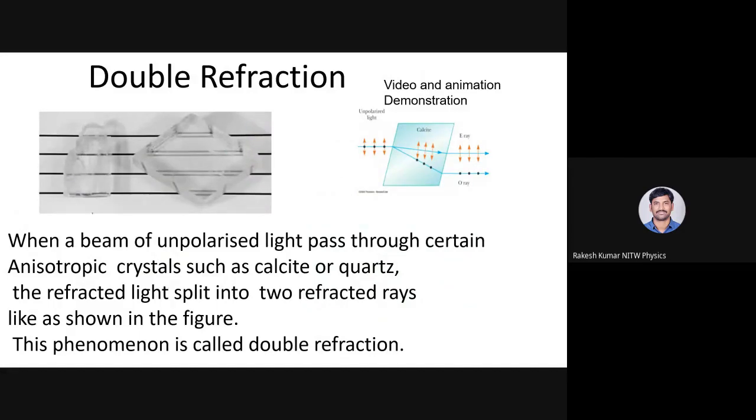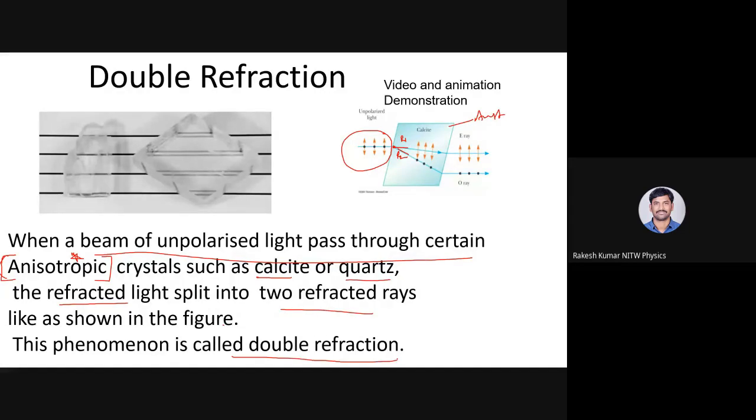When a beam of unpolarized light passes through a crystal, remember this context, you are sending unpolarized light through an anisotropic crystal. We'll see what that is, but remember this term. When light passes through an anisotropic crystal such as calcite or quartz, suppose this is a calcite crystal and you send unpolarized light, the moment it enters the material it splits into two refracted rays, R1 and R2, as shown in the figure.